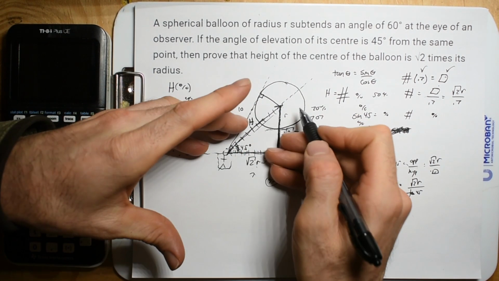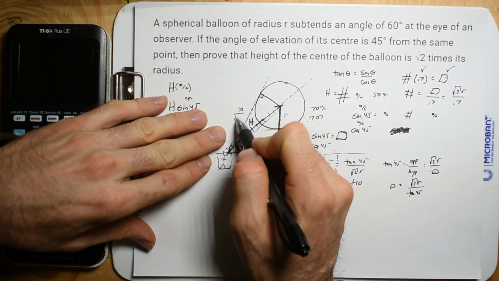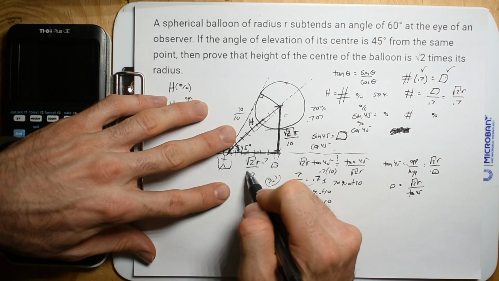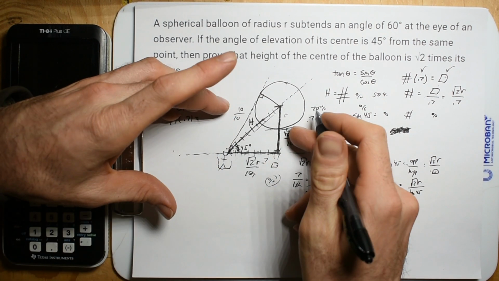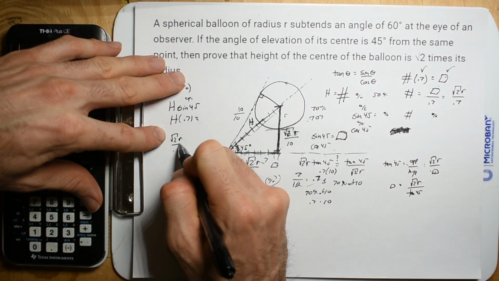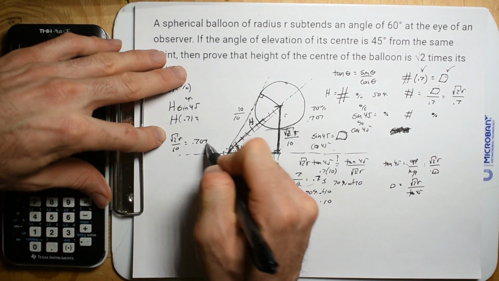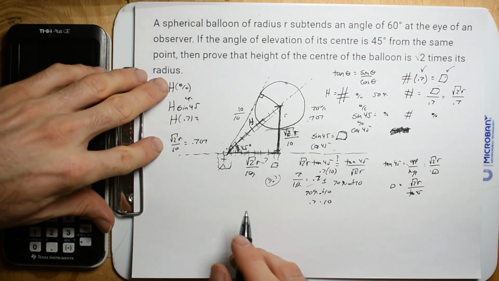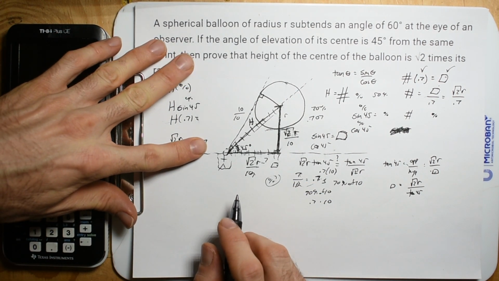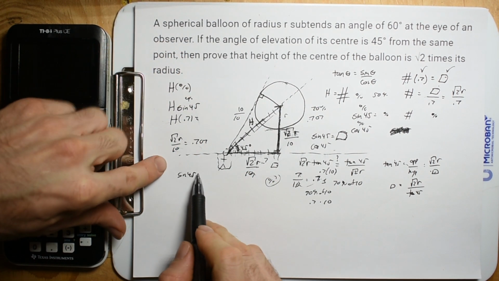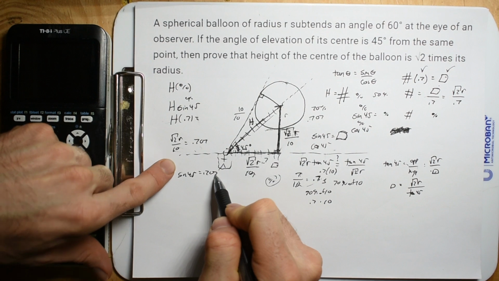When you scale down this triangle, like let's say you divided everything by 10, so I would have square root 2r divided by 10, square root 2r divided by 10. Well, now I have a unit triangle where square root 2r divided by 10 by definition has to be 0.707. You know what I mean? If this is a 45-degree angle. And the sine of 45, yeah, it has to equal 0.707.